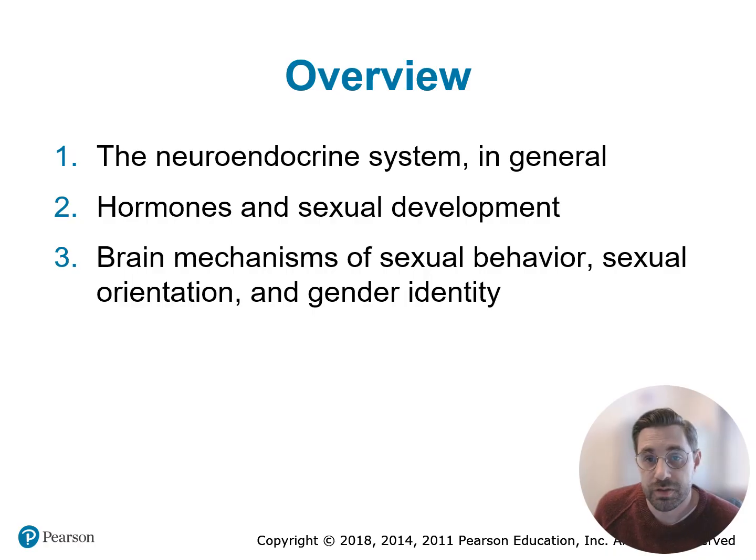So overall, first we're going to cover the neuroendocrine system, which deals with hormones. We'll do that in this video. In the next video, we'll talk about how hormones influence sexual development specifically. And then finally, we'll talk about sexual behavior, sexual orientation, and gender identity as more psychological traits that are related to, but not necessarily caused directly by these differences.